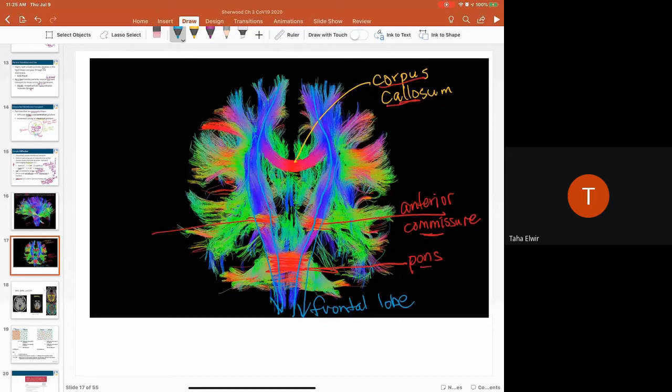The one that's coming in is going to the parietal, the primary sensory cortex. So frontal lobe, motor, that's why it's going out, and coming in, sensory. So again, they're looking for abnormalities in the pathway, and then they can do some diagnosis.